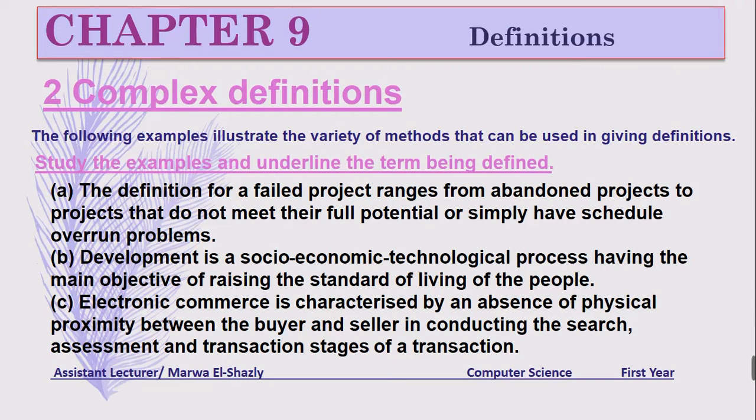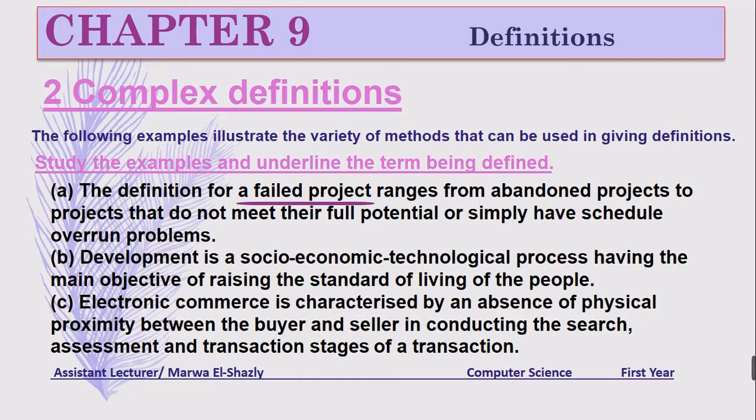Okay, هو بيكلمني دلوقتي عن a failed project، هي range from بيتراوح من abandoned projects، يعني حد ابتدى project وما كملوش، to projects that do not meet their full potential، مشروعات ما حققتش المتوقع منها, or simply have overrun problems. So what is the term here? Yes, all these examples describe a failed project, فاشل أو خسران.